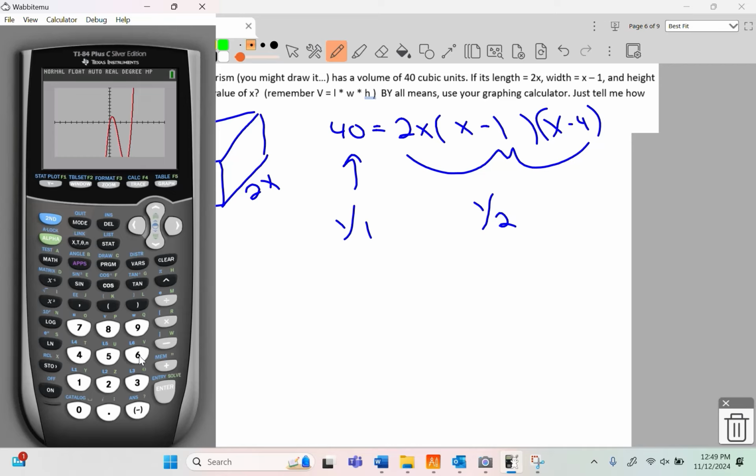Why don't you see an intersection? What's in y1? Where is y equals 40 going to be? It's going to be up, isn't it?